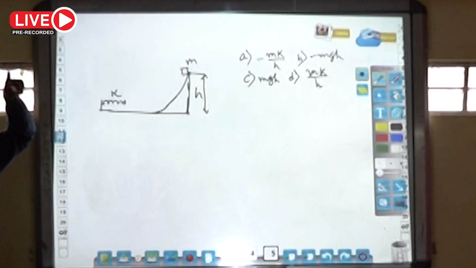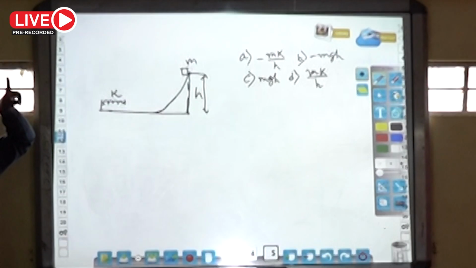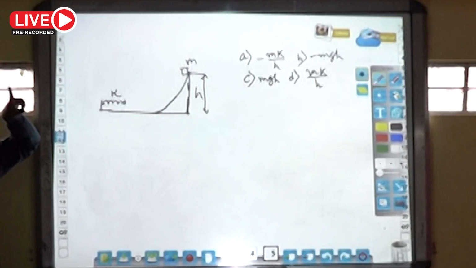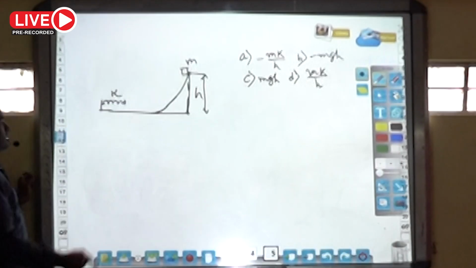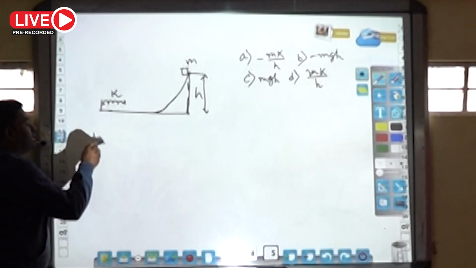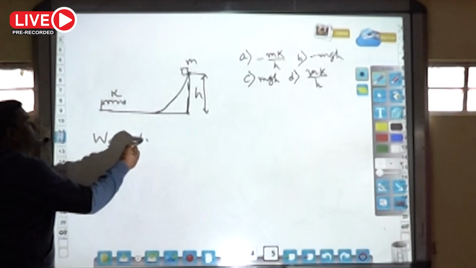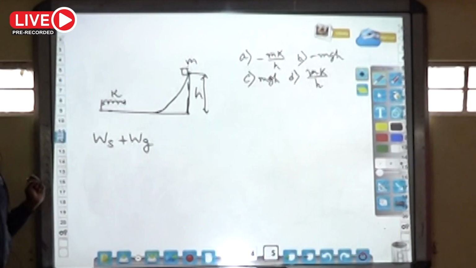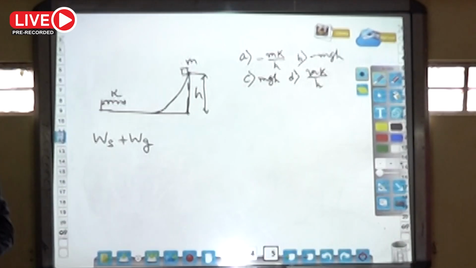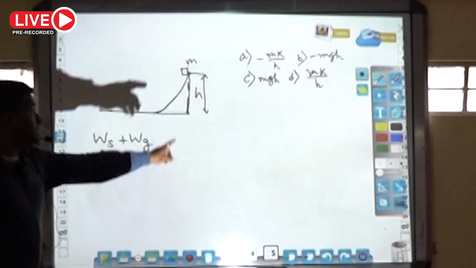So here you have to calculate the work done by the spring force, which should be negative. Now we can write that work done by spring plus work done by gravity, that is the total work done, should be the change in kinetic energy according to the work energy theorem.